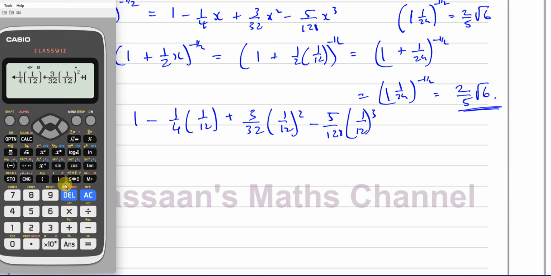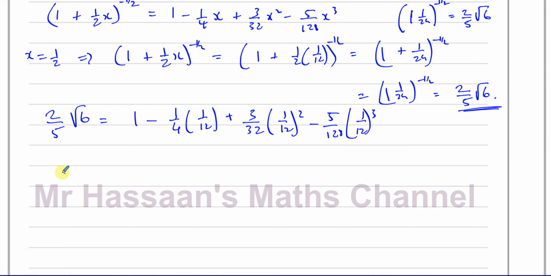And finally, minus 5 over 128 times 1 over 12 cubed. Okay, so that will give us all of this, which gives us 0.979795.